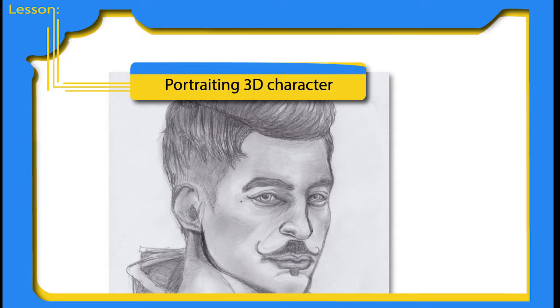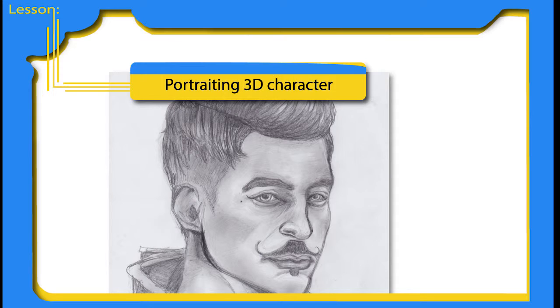Because it is easier for you to see the shape of the shade, the outlines of the face and the placement of each element, since there is not that much information to see in it compared to a real human face.